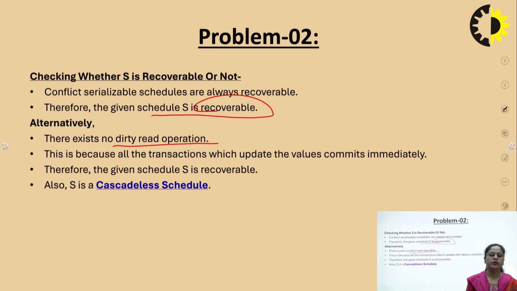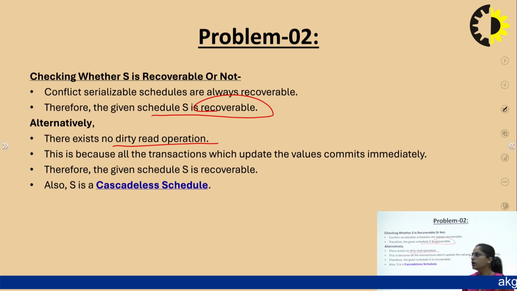Alternatively, we can check the other condition for whether the schedule is recoverable or not, which is dirty read operations. I will explain in the next slide what dirty read operations are. So there is no dirty read operation, because all the transactions which updated the value commit immediately.